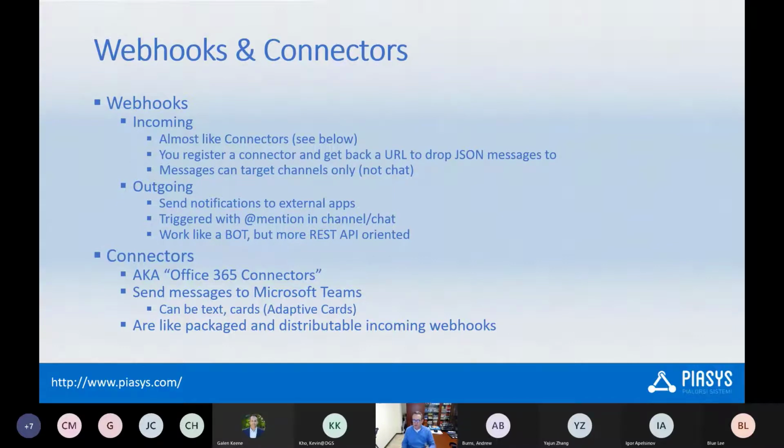But aside from that, from a functional point of view, it will be almost like an incoming webhook, just more generic and potentially targeting multiple channels or even any tenant in the Microsoft 365 ecosystem. And you can easily redistribute the connectors, while an incoming webhook has to be registered in every single target channel where you want to have it.